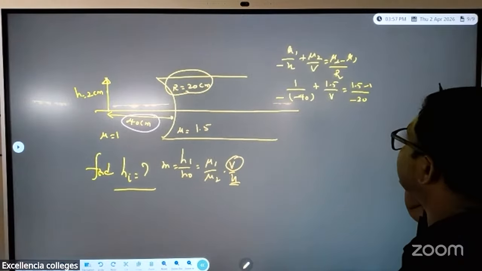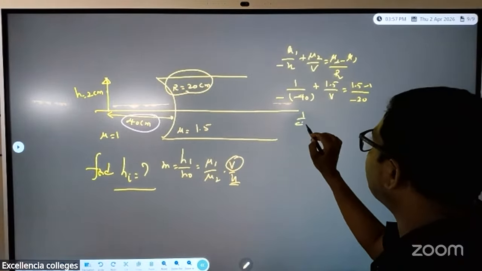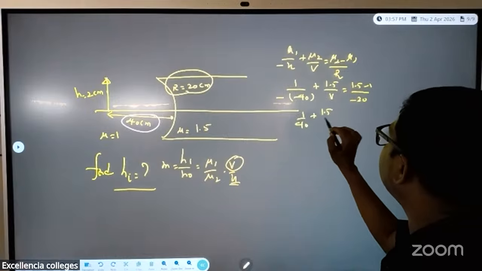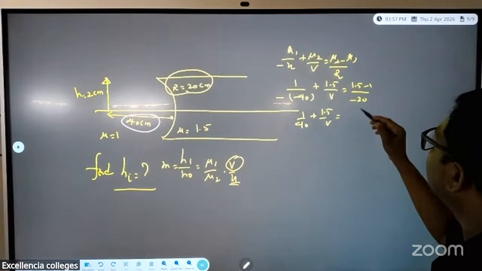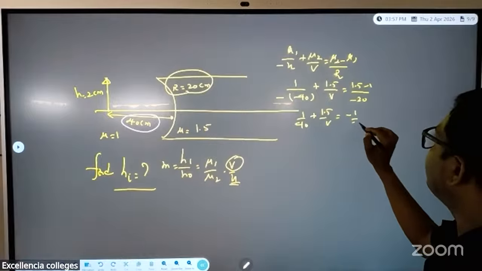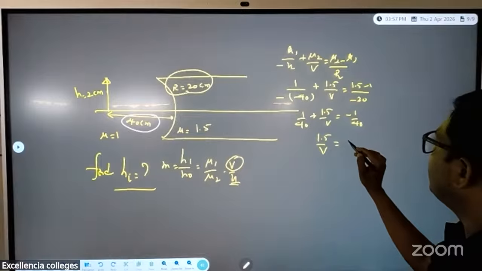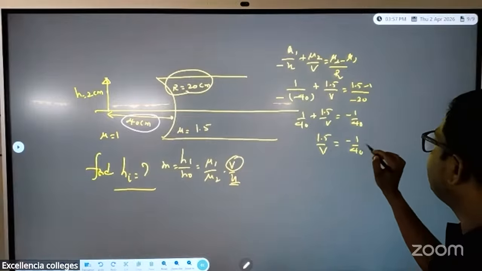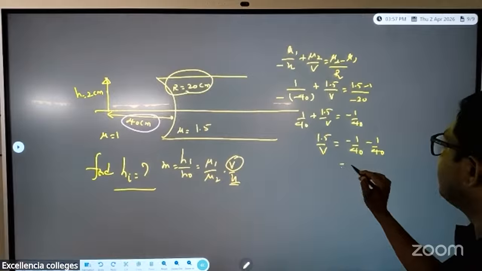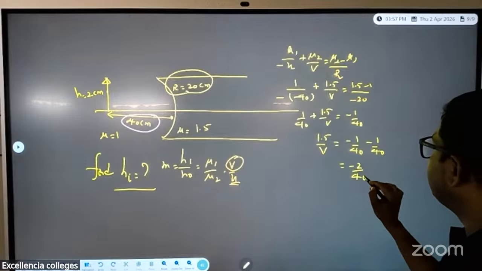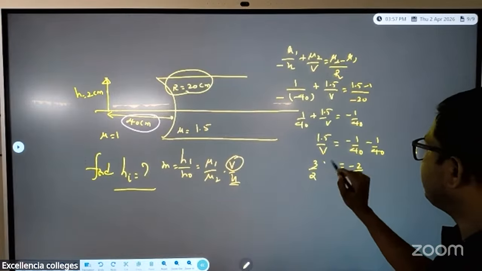The center of curvature lies on the left side, which is opposite the direction of light, so it will be minus 20 centimeters. Now taking this into account, this will be 1 by 40 plus 1.5 by v is equal to minus 1 by 40. So 1.5 by v is equal to minus 1 by 40 minus 1 by 40, which is minus 1 by 20, so 3 by 2 times v is minus 20.